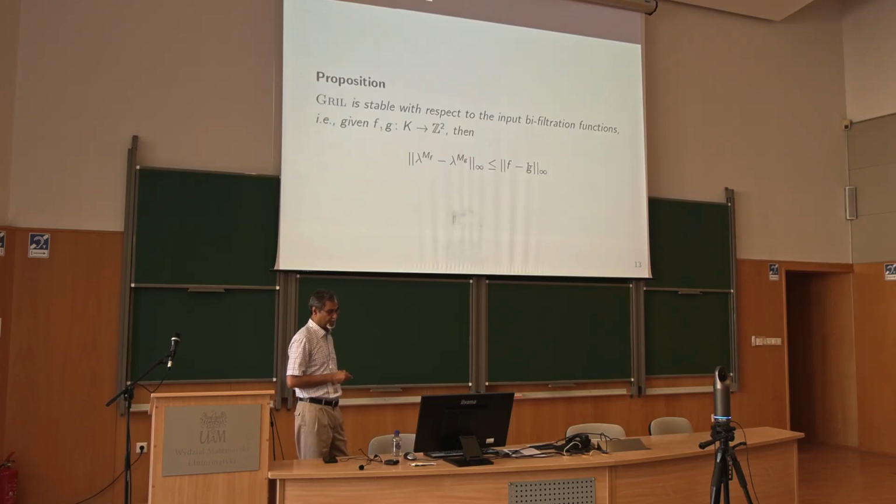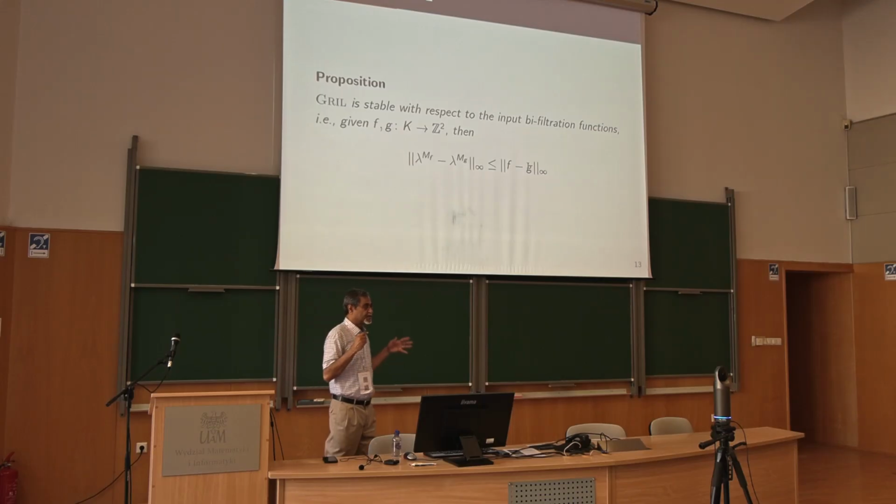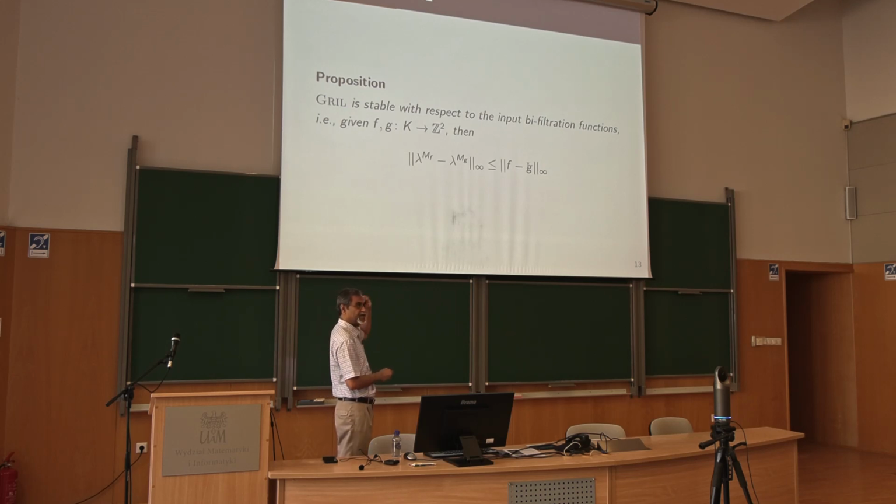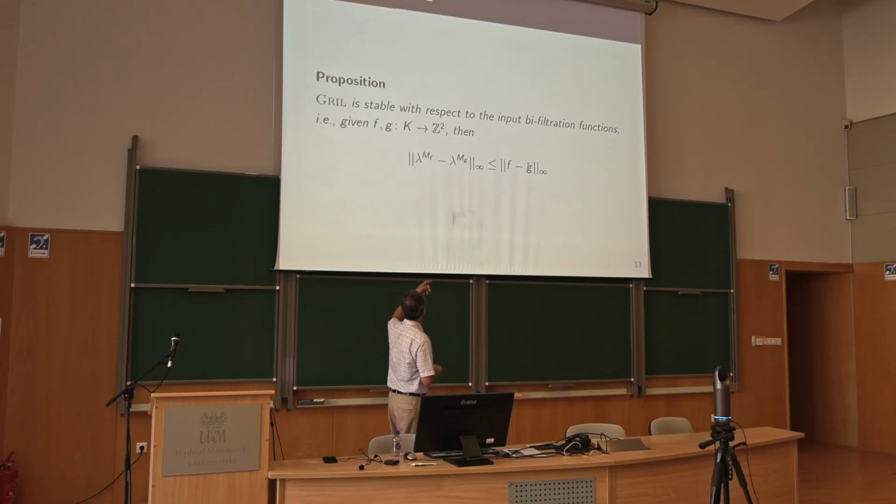So what we could prove is that this grill is stable with respect to the input bifiltration function. That is, given f and g, which define the input bifiltrations, suppose you have the persistent modules Mf and Mg, and take the grill vectors lambda Mf and lambda Mg.